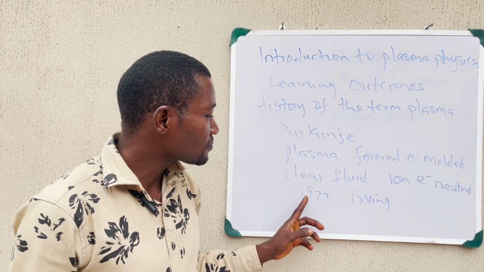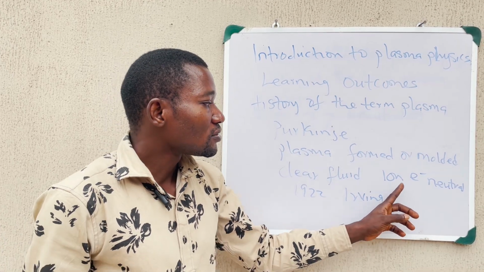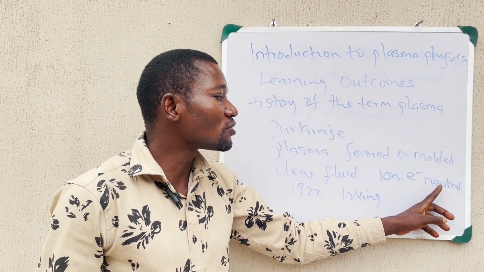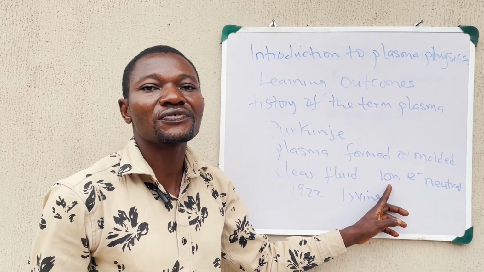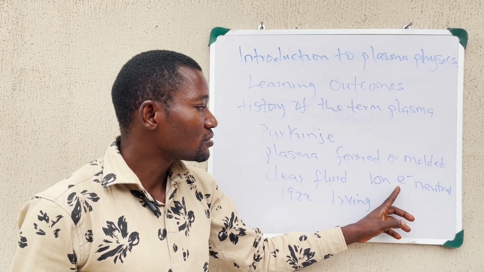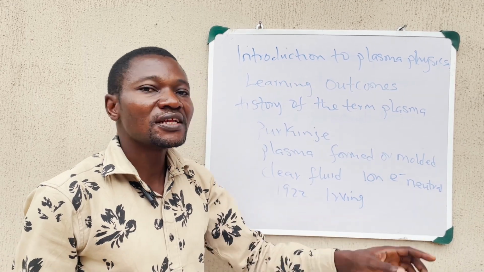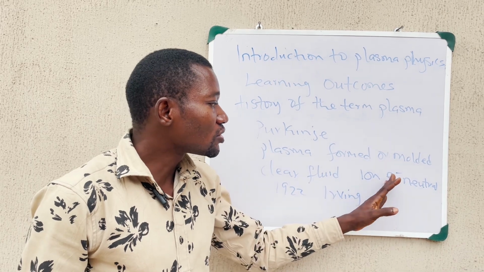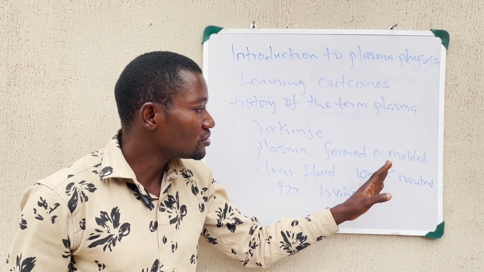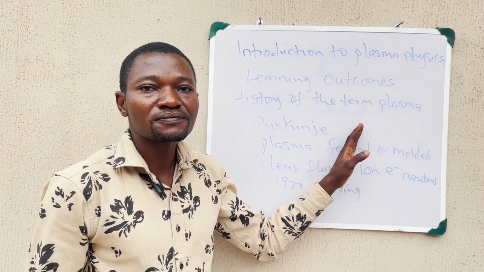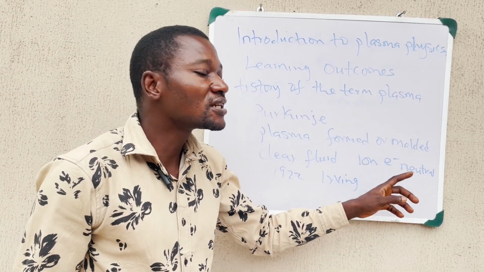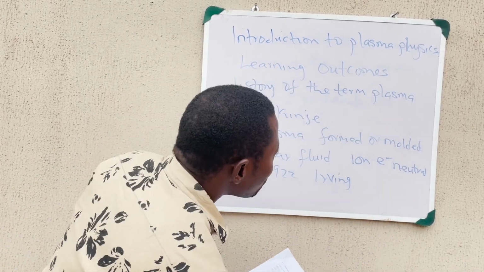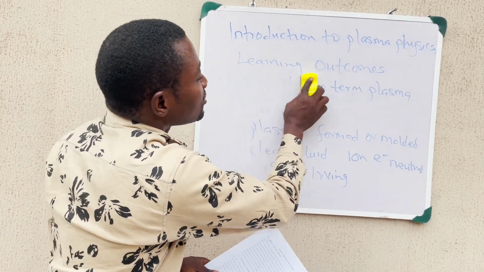But thereafter, looking at the composition of a plasma, the ions, the electrons, and the neutrals after ionization of atoms, he came up with the idea that they are like the corpuscular material observed in the blood sample that is suspended in a clear fluid. So this is just the brief history of plasma. Let's look at what plasma is all about.